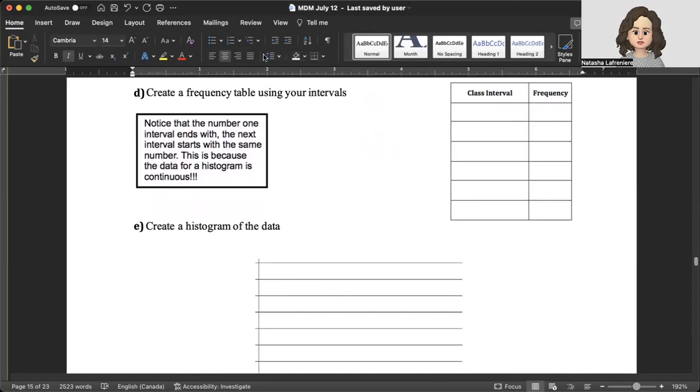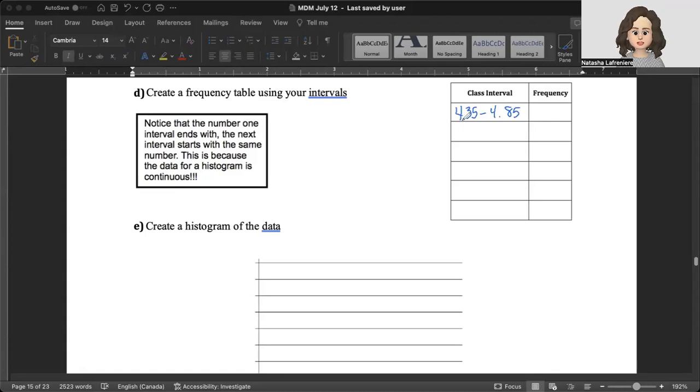Okay, so we are going to create a frequency table using the intervals. So notice that the number 1 interval ends where the next interval starts with the same number. This is because the data for a histogram is continuous. Okay, so our interval here is 4.35 to 4.85. Okay, so it's got a 0.5 difference, which is the bin width.